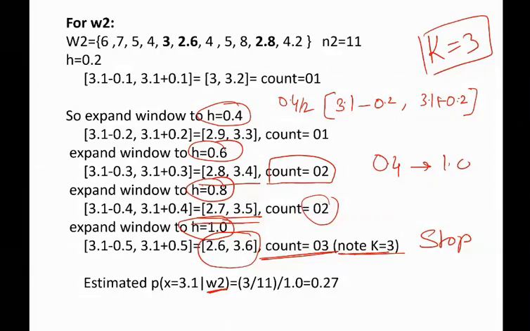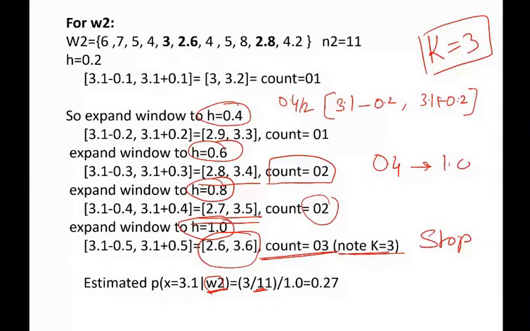Since it takes into account only omega 2 samples, don't mix omega 1 and omega 2 samples. That is a caution. Whenever you calculate for omega 2, use omega 2 samples. When you calculate for omega 1, use omega 1 samples. Here it is 3 by 11, since the count for omega 2 is 11, divided by the volume. So it is 0.27.